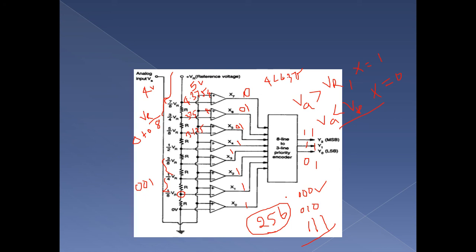The main advantage is that it is the fastest one, and the main disadvantages are that it is the most expensive and that the delay increases as the number of comparators keeps increasing. I hope you have understood this concept very clearly, and we will see the successive approximation type AD converter in the next class. Thank you.